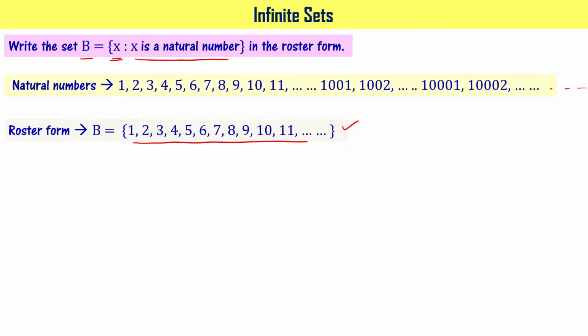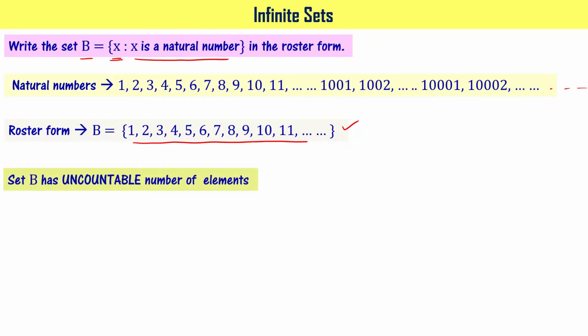Now look at this. Set B has uncountable number of elements, right? Because how many natural numbers are there? It is infinitely many, meaning uncountable number of natural numbers are there. All those numbers are going to be elements of this particular set. That's why set B has uncountable number of elements.